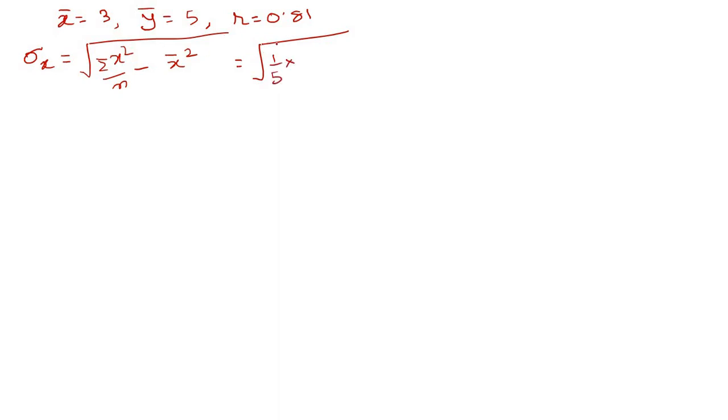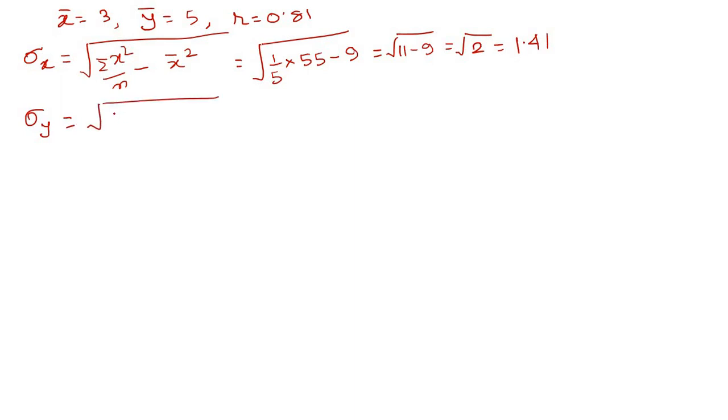Summation x square we found in the previous slide as 55, minus x bar square, 3 square is 9. So you get under root of 11 minus 9, that is equal to 2, which gives 1.41. Similarly, I calculate sigma y, which is under root of summation y square by n minus y bar square.